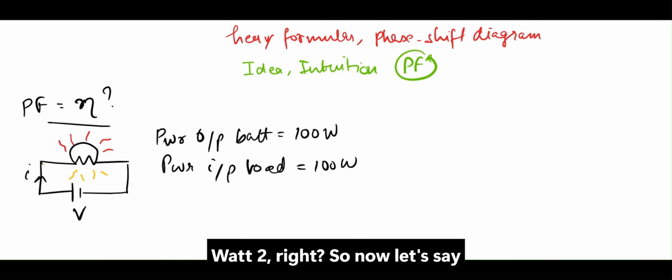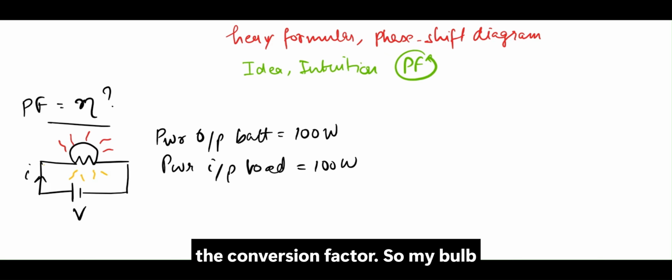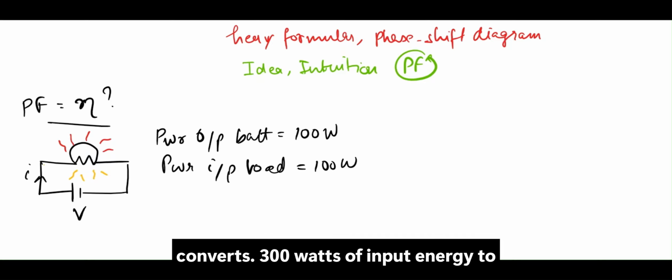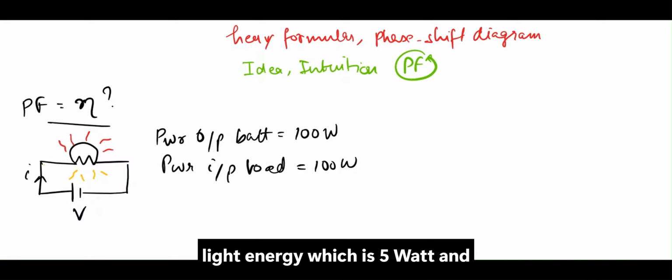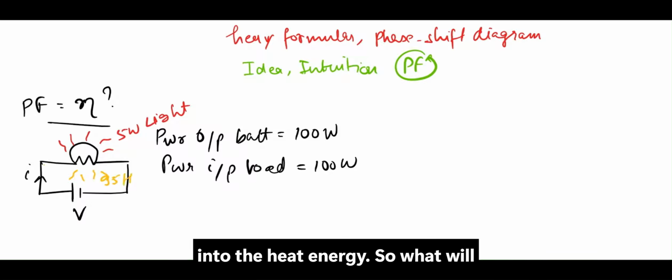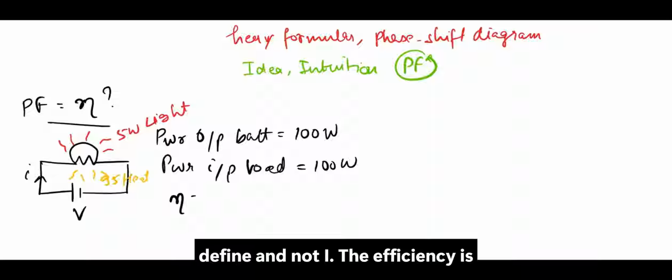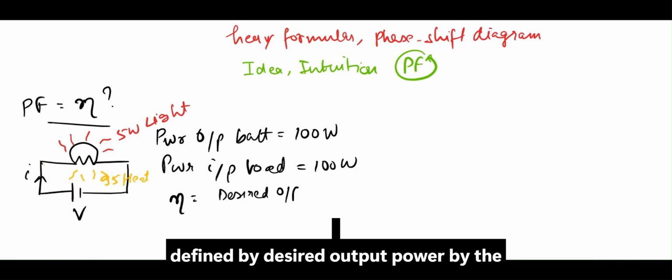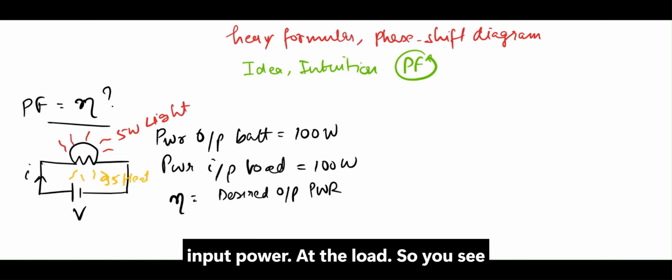Now let's say the conversion factor. My bulb converts the 100 watt of input energy to light energy, which is 5 watt, and the rest, 95 watt, is converted into heat energy. So what will be my efficiency? The efficiency is defined as the desired output power divided by the input power at the load.